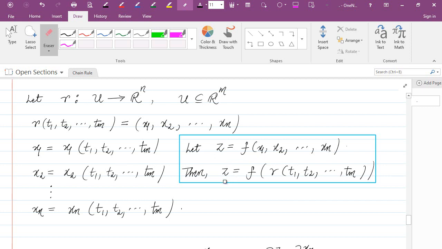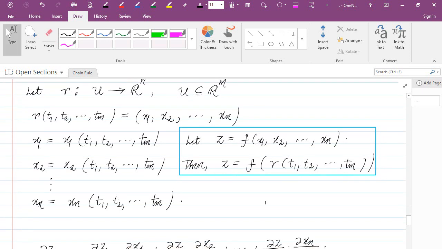By composition of f and r, z can also be thought of as a real valued function of the variables t1 to tm. So now we can ask, what's the partial derivative of z with respect to t1, or the partial derivative of z with respect to t2, and so on.